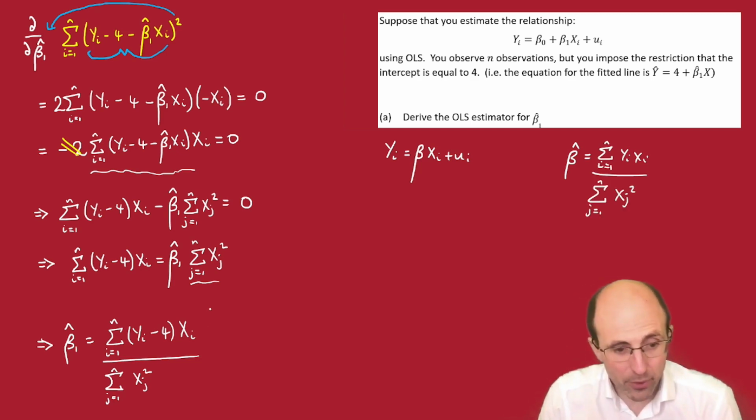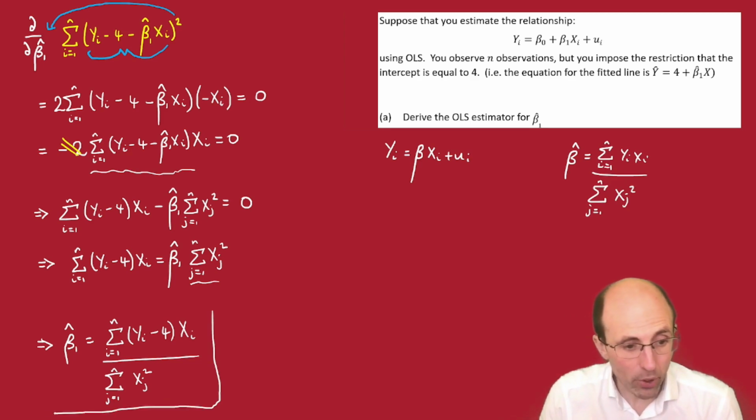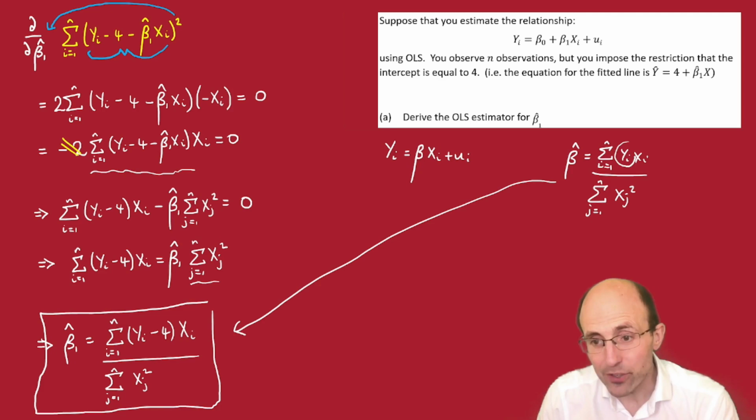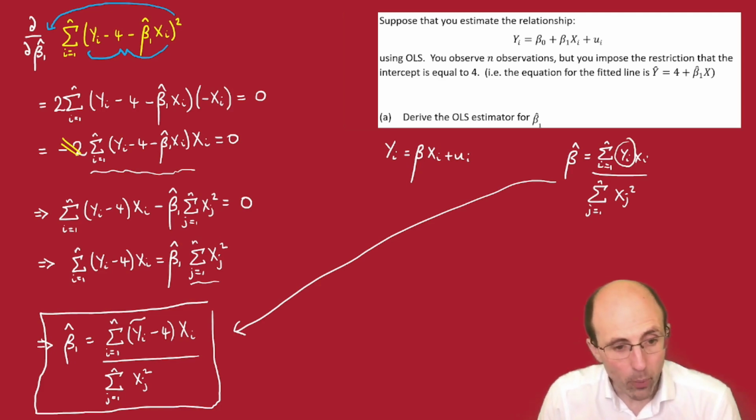Now the estimator that we've got here, beta 1 hat, looks very similar to this one. The only difference is that yi is replaced with yi minus 4.